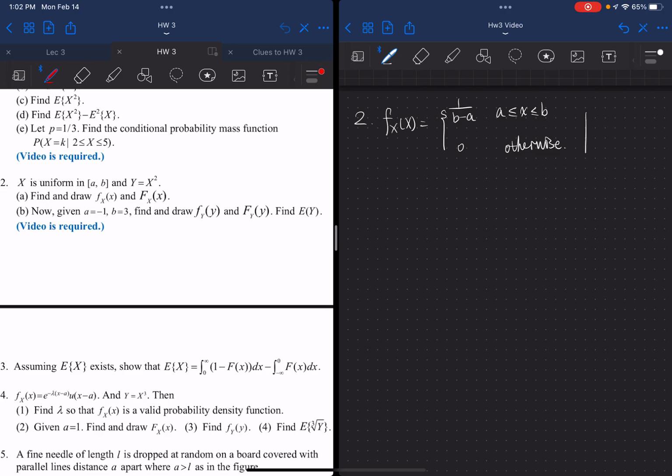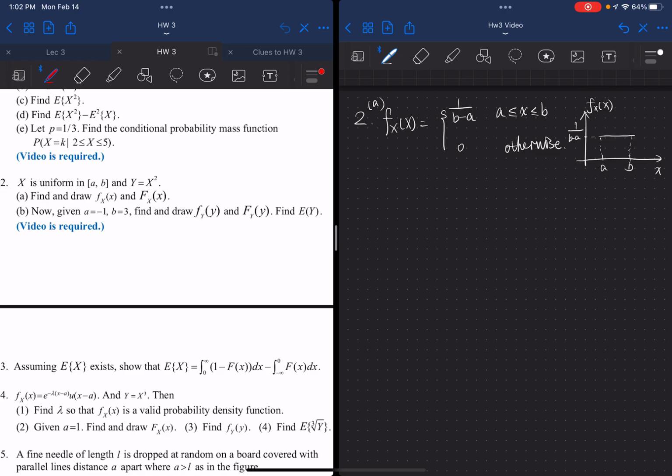We can draw this probability density function as follows. This line is 1 divided by (b minus a), and this is the probability density function of X.